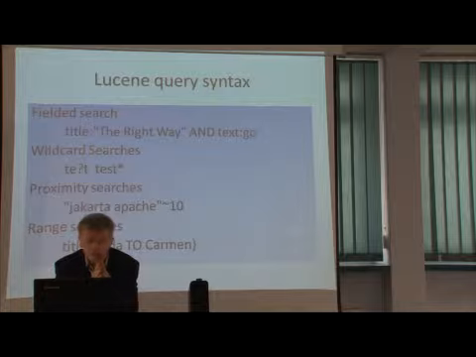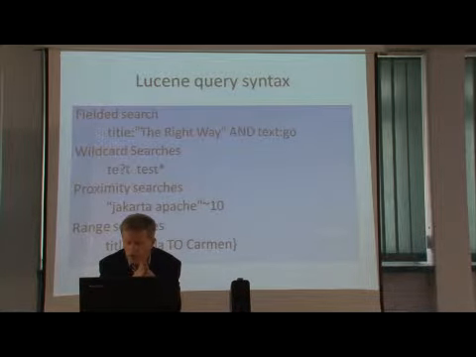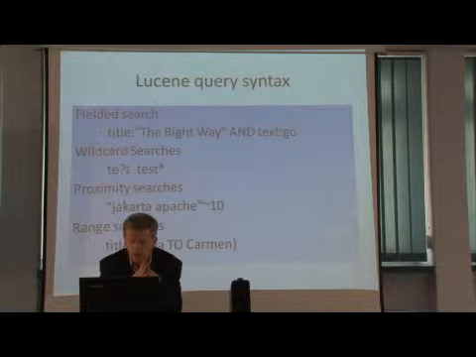You can do proximity searches, so have Jakarta and Apache within a 10-word window. And you can do range searches, so you can look for anything in the title in alphabetical order between Ada and Carmen.